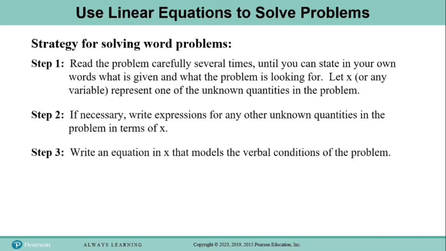And then you'll want to put the whole thing together in one equation that models the whole problem. You might start off with an equation that has several unknowns in it, but that's where you'll substitute in your little expressions from step 2. What you want to end up with is one equation that only has one variable, and then you can solve that one equation for that one variable.